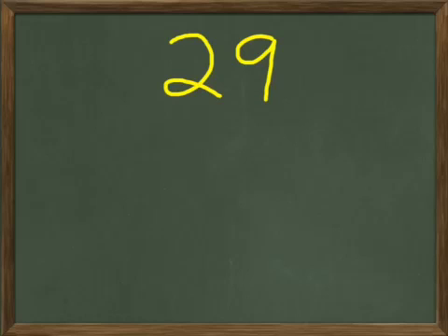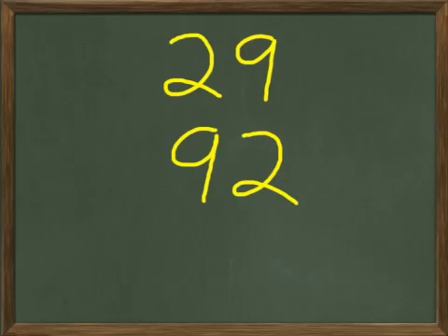There you go. Alright, you have that down, 29. Now below your 29, I want you to write 92. So 92 is going to look like this. See the difference? When the 9 comes first, that changes the 29 into a 92.